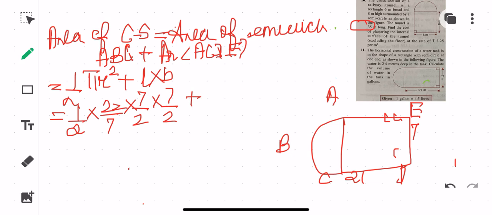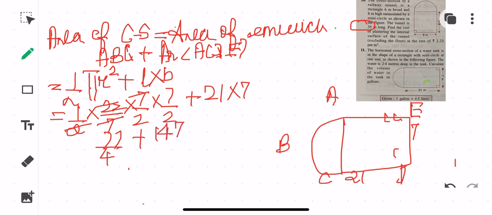So length here has been given as 21 into 7. If you see here, what all the things that are getting cancelled, children? 7 can get cancelled, and this is becoming 11. So how much we are getting? We are getting 77 upon 4. So write down that this is equal to 77 upon 4 plus 21 into 7, which is how much, children? 147.